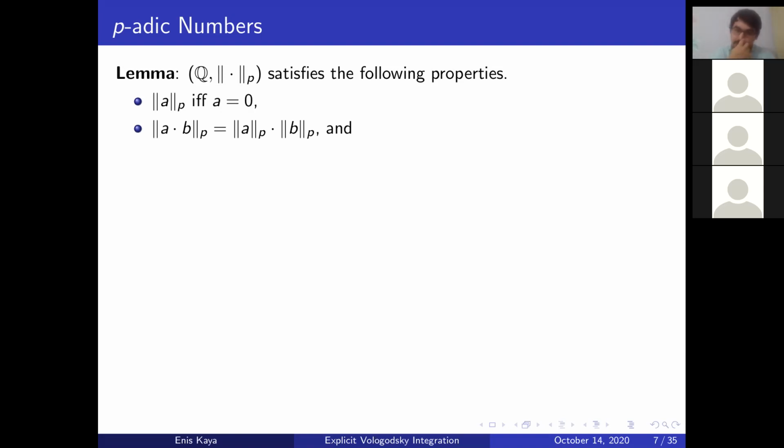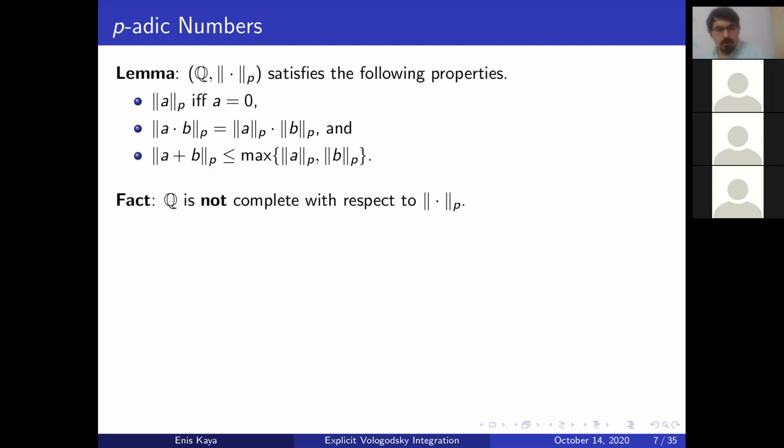In the usual absolute value, as you know, the absolute value of A plus B is less than or equal to the absolute value of A plus the absolute value of B. And here we say something stronger. We are saying that the p-adic value of the sum is less than or equal to the maximum of these two. So this is indeed an absolute value over Q.